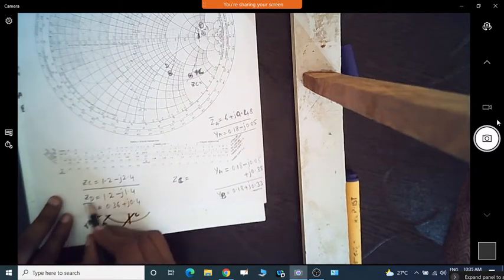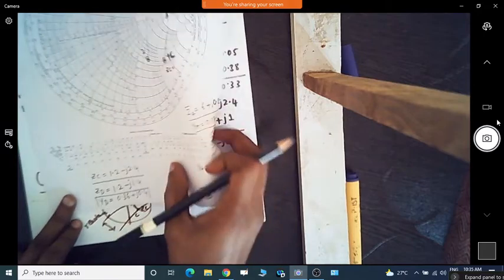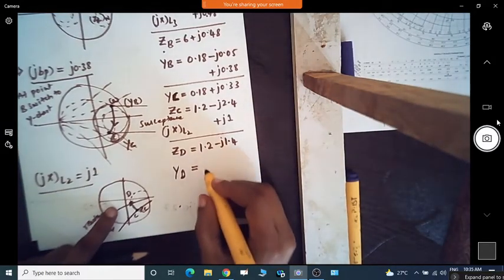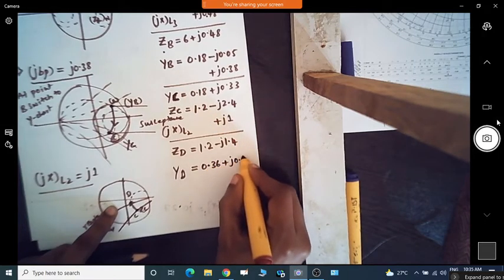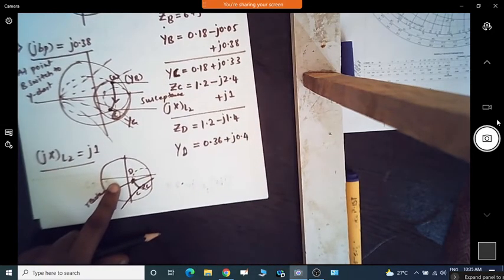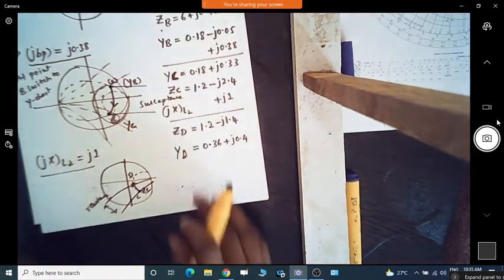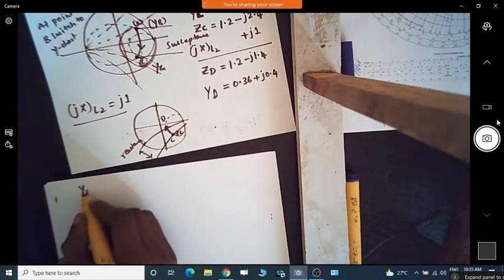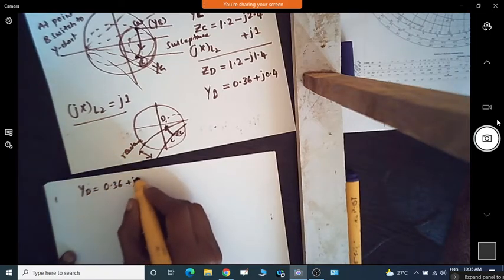So this is the admittance value we get at point D, which is 0.36 plus j0.4. Now we can add the capacitance C1. This is the admittance at point D, 0.36 plus j0.4.